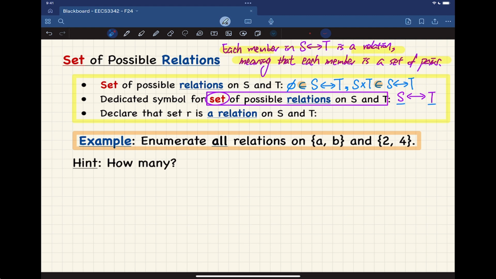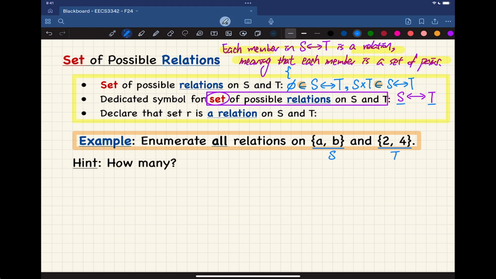Let's do another example. Let's find something in between, and then we're going to figure out all the possible relations. Another one could be a set of pairs, right? Let's just use S and T here. Let's say this is S, this is T. What will be another example?